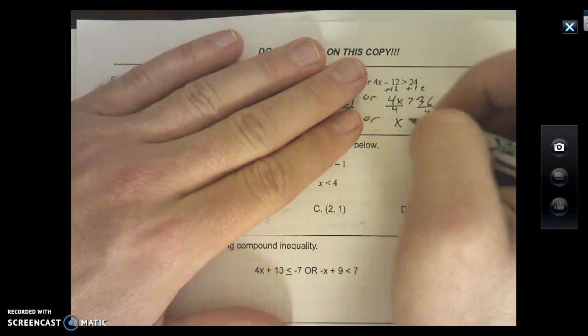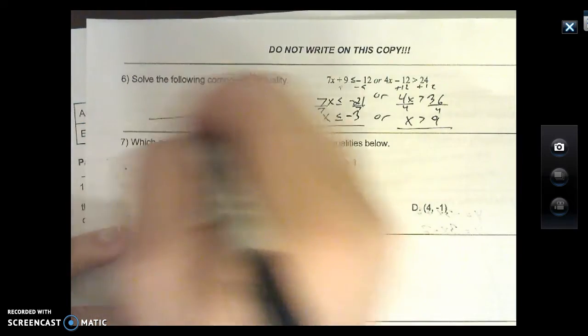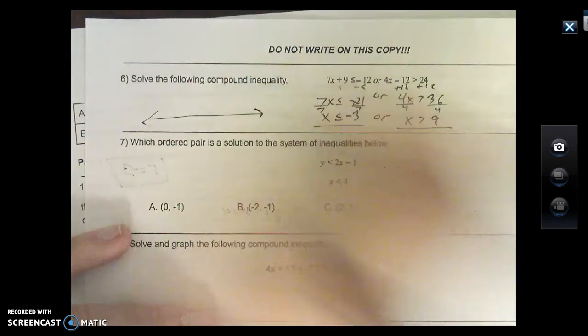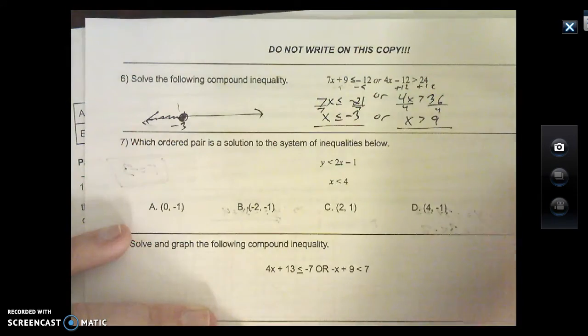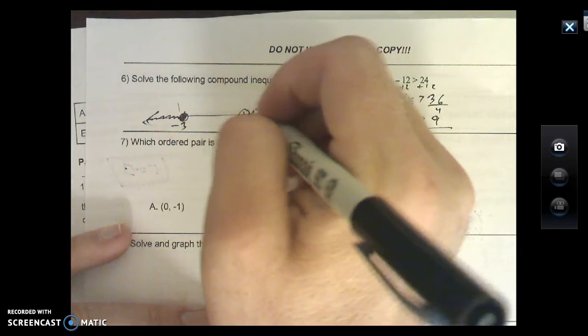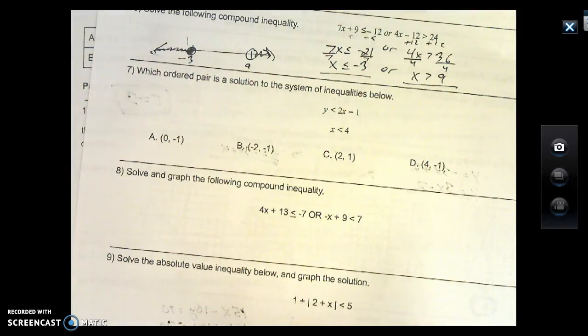Divide by 4, x is greater than 9. Okay? If I was to ask you to graph it, it's less than or equal to negative 3 or greater than 9. Please keep in mind open and closed circles and what they should be respectively.